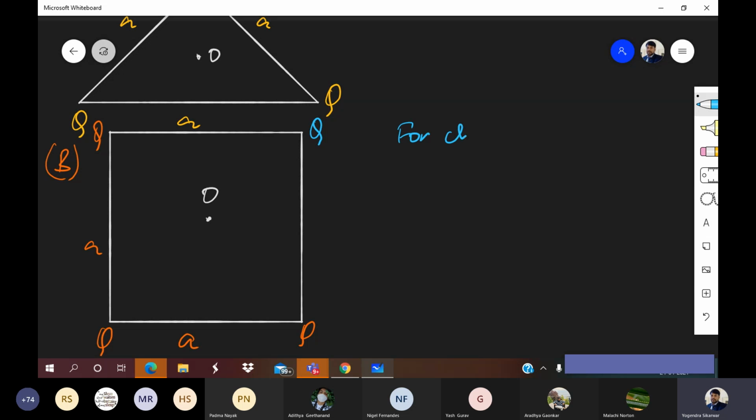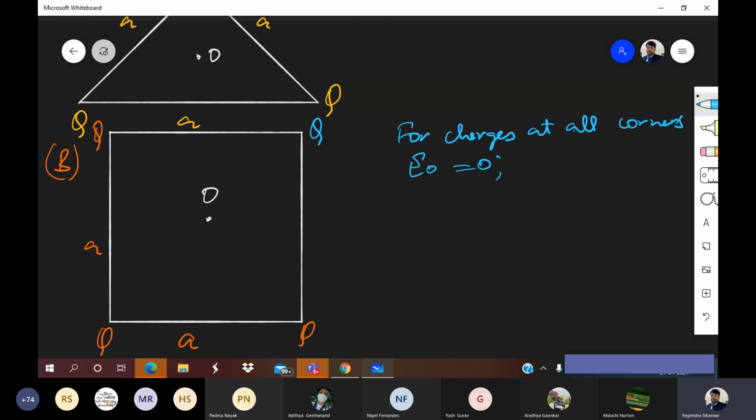For charges at all four corners, E O is equal to 0. Now what does it mean? Listen very carefully, everyone.